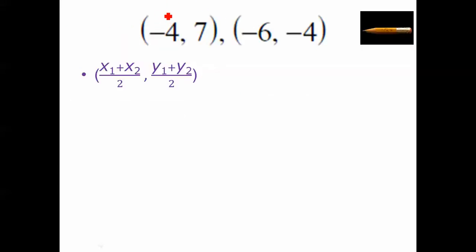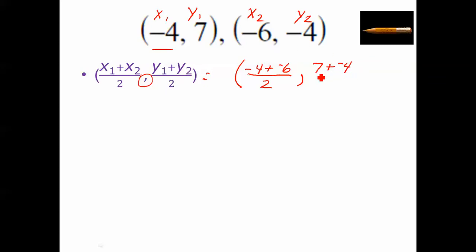So here's our formula. Again, we're going to label x1, y1, x2, y2, and simply plug those into our formula. x1 is -4 plus x2 is -6 divided by 2, comma, y1 is 7 plus y2 is -4 over 2. So now we're going to look at them like it's halves.